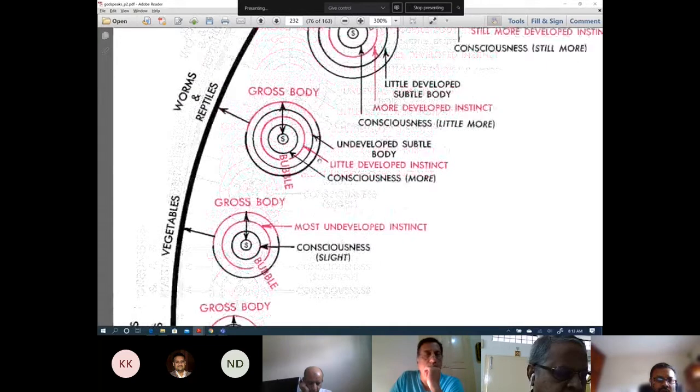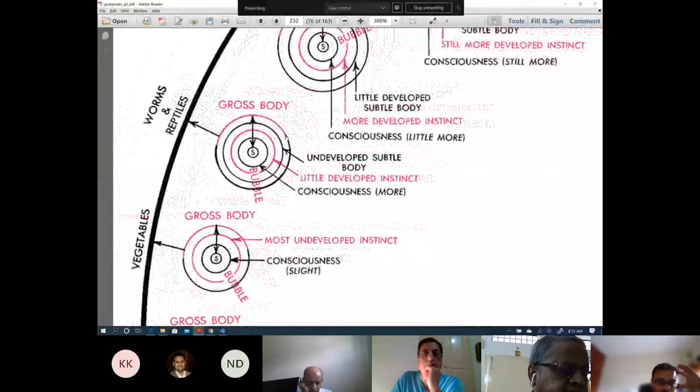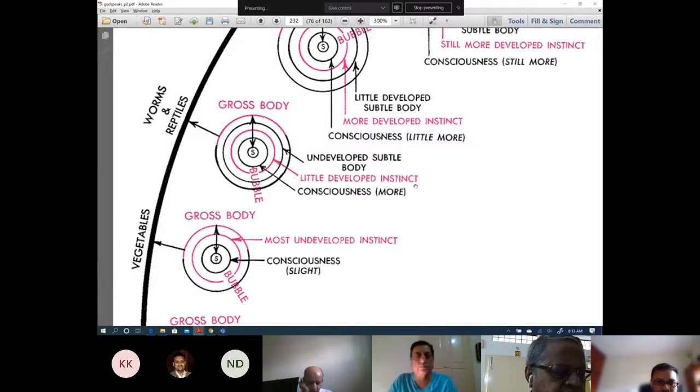So with that, we go to the worms and reptiles. There's one more circle now. So consciousness is more. Then you have the little developed instinct. So it's not fully developed like in an animal. And then the undeveloped subtle body takes shape. And then finally you have the gross body in the last one.